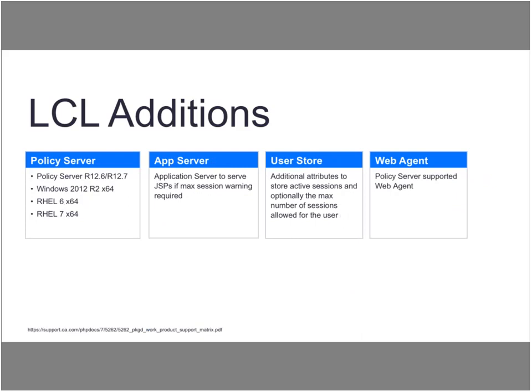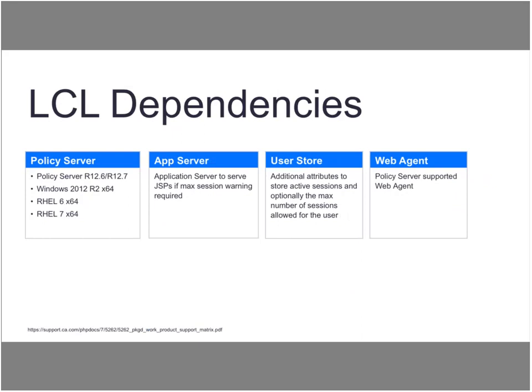If you're using the prompt to say whether the user wants to log out an existing session or not, then you're going to need an application server serving JSPs. That can be any application server. It's going to use the SSO SDK to call back to the policy server, which would work essentially on any application server.